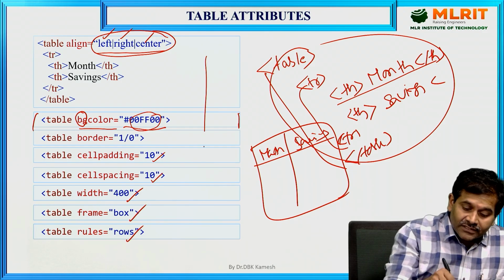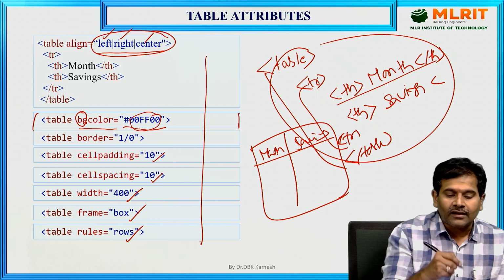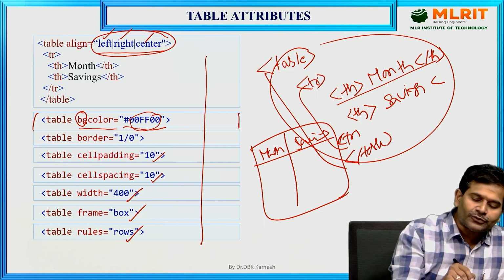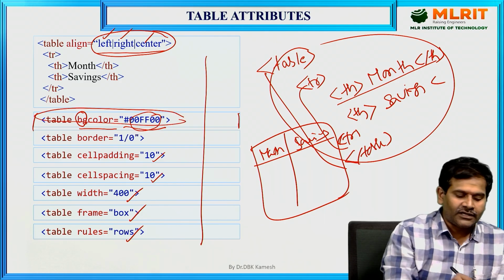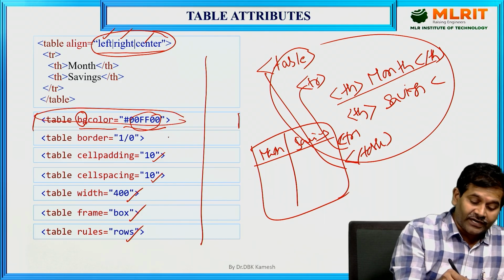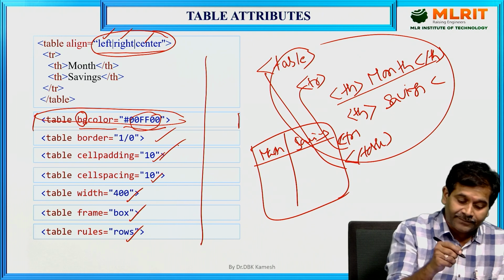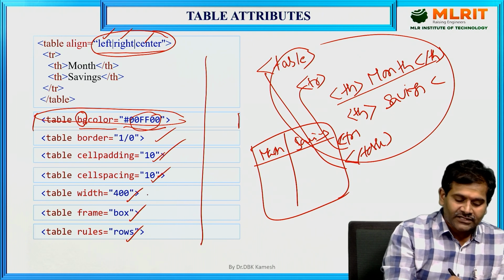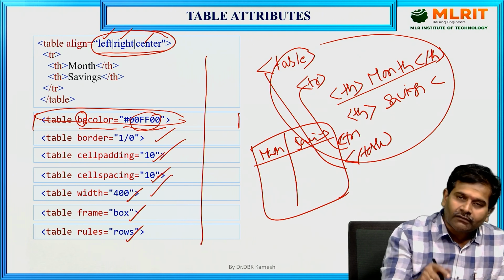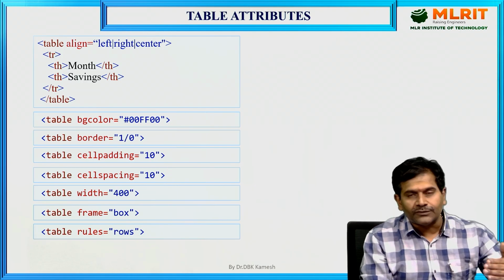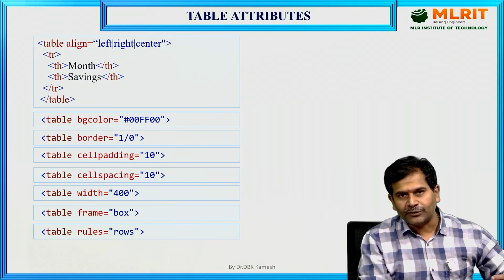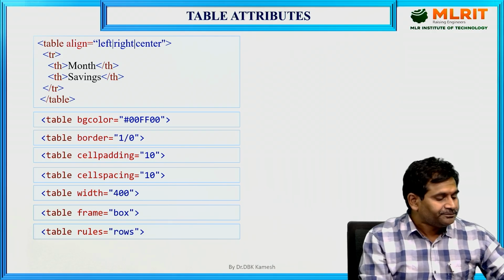Based on this, these are all the attributes used to write a program. Wherever you require border styles, BG color, border, spacing, padding or width, while writing any kind of table, you need to give these attributes to complete it.